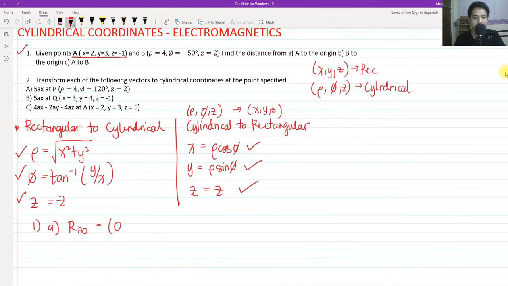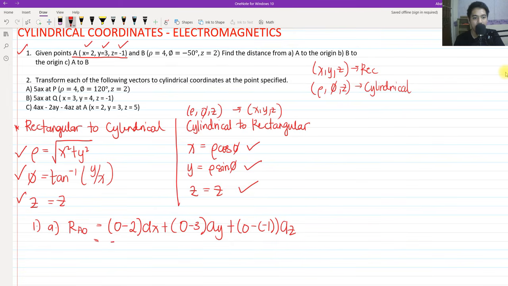We have 0 minus the x component of the initial point, which is 2, times ax, plus 0 minus 3 for the y, plus 0 minus -1 for z.